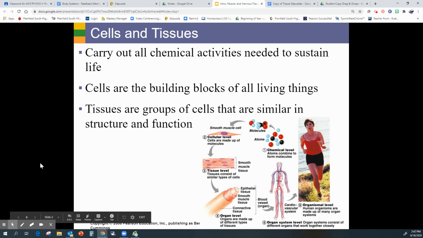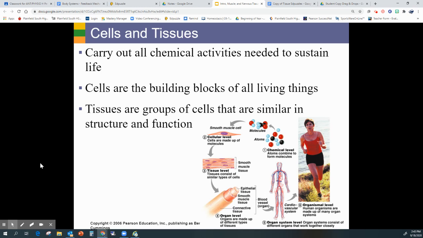The first thing we're going to talk a little bit about is just cells and tissues themselves. Last unit, we talked a little bit about organization of multicellular organisms within that first unit, but this is talking about the same thing. So cells and tissues: cells are really what are carrying out a lot of those chemical activities in our body that help us stay alive.